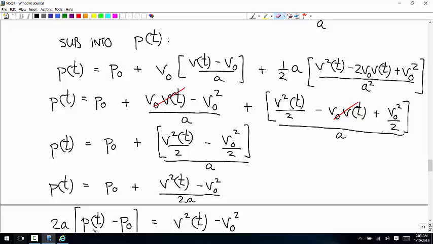People don't usually keep writing the P and V as functions of time. So I'm just going to change that to P and V. That's what it means. We're talking about P and V at a specific instant.